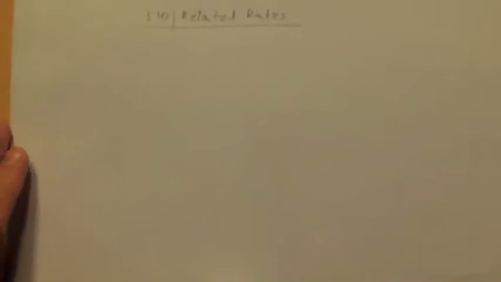Alright class, hello. Today we're going to be talking about section 3.10, which is on related rates. Now, this can be sort of a tough subject if you don't pay close attention to what you're doing.